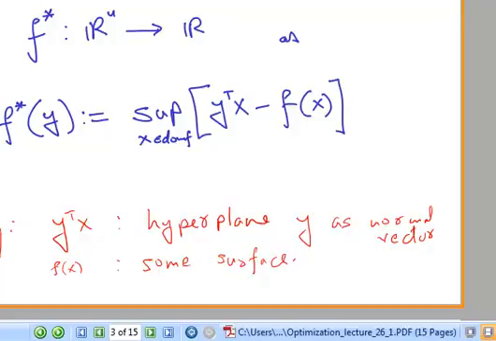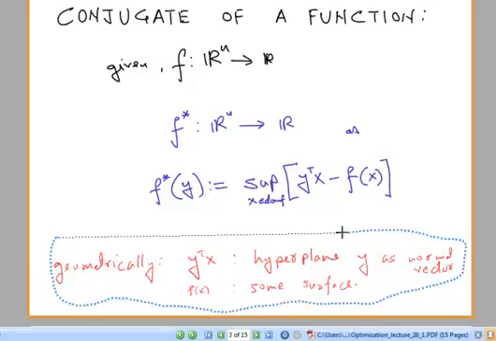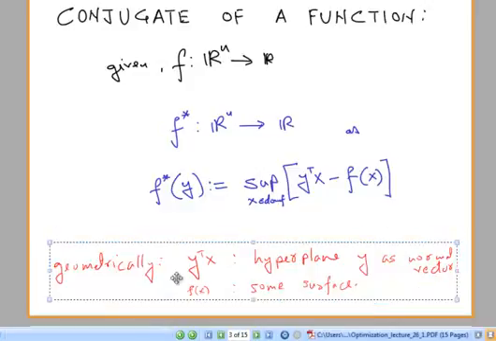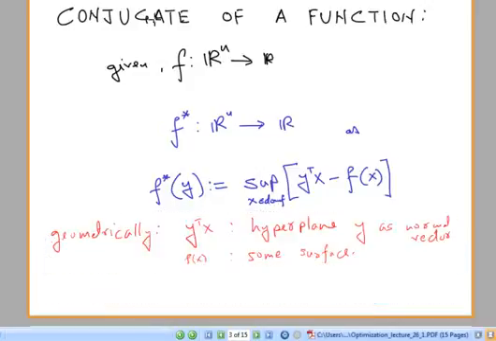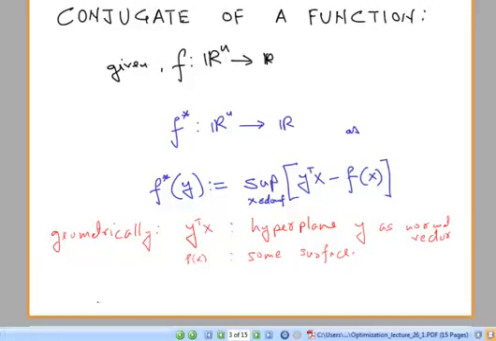Then this supremum over x of the expression y transpose x minus f(x) just measures what?